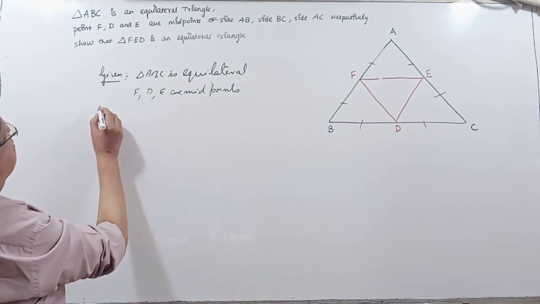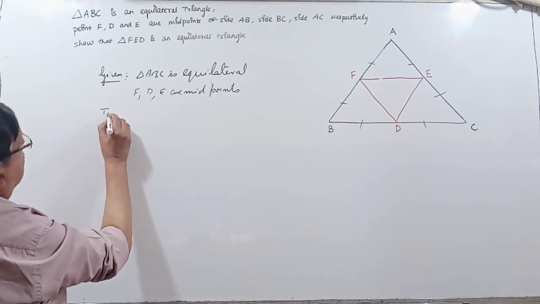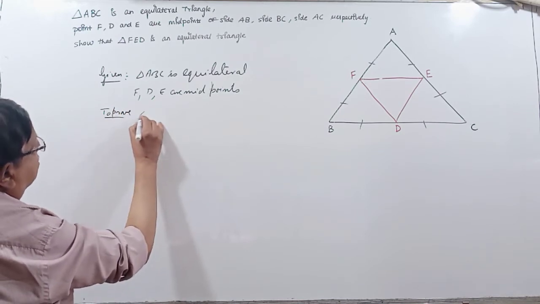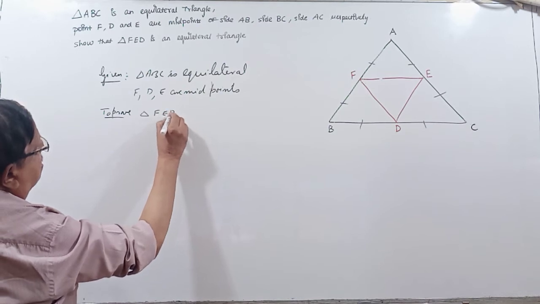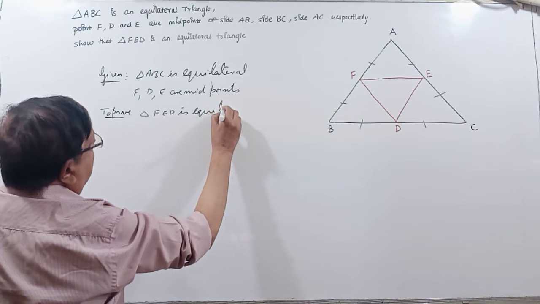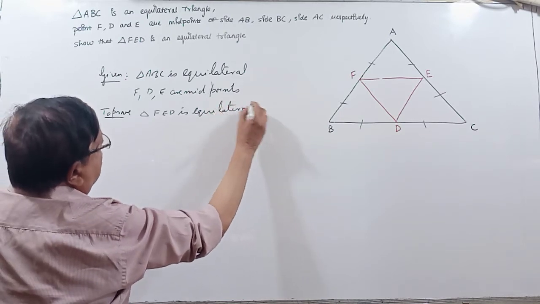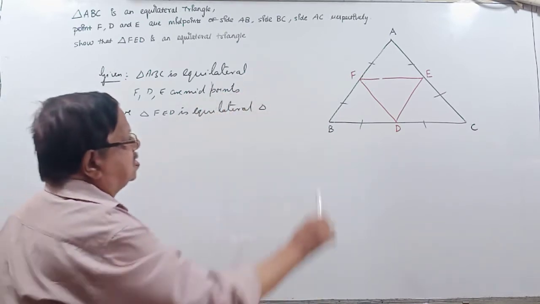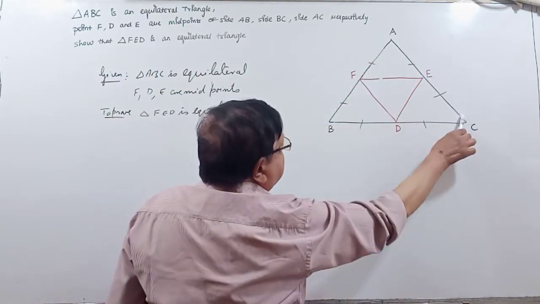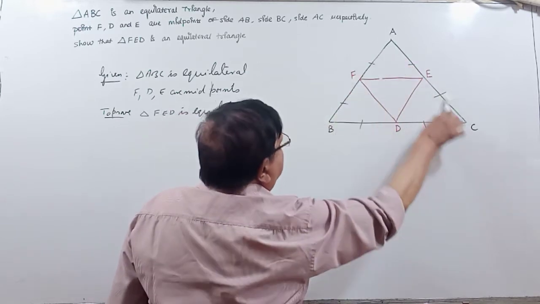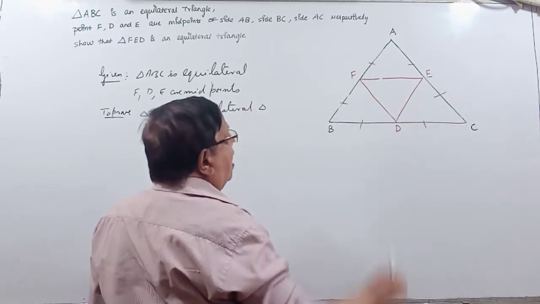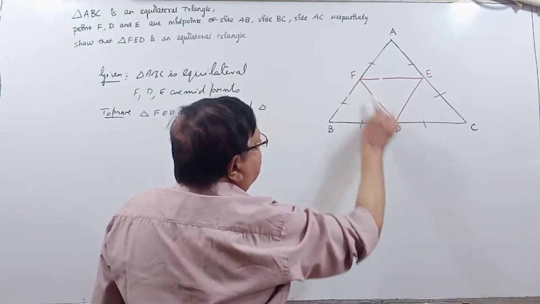And after that, to prove: triangle FED is equilateral. They have given that triangle ABC is an equilateral triangle, which means AB is congruent to BC, congruent to AC, and F, E and D are midpoints.